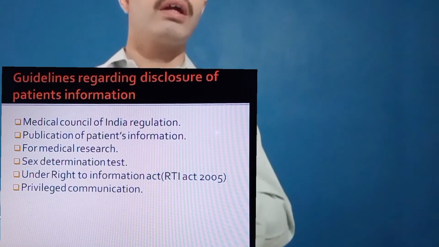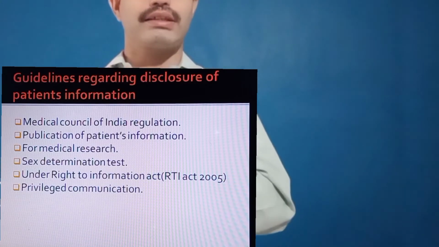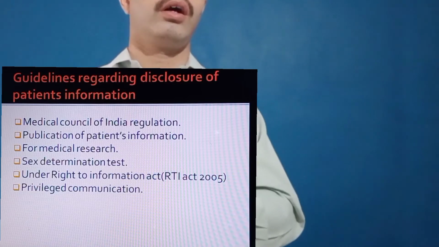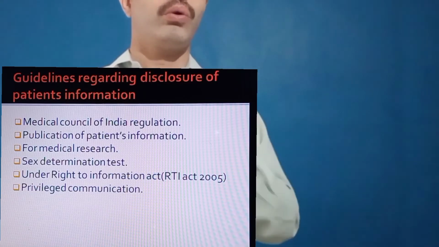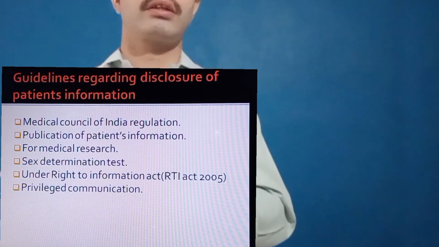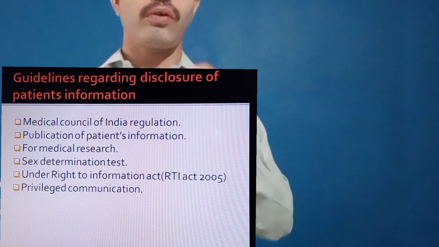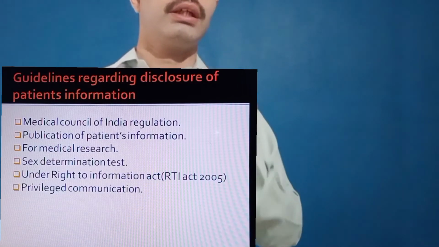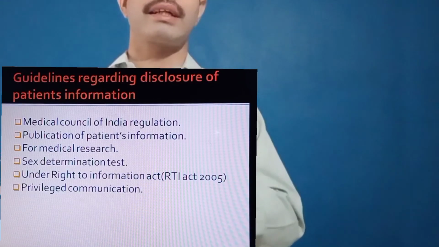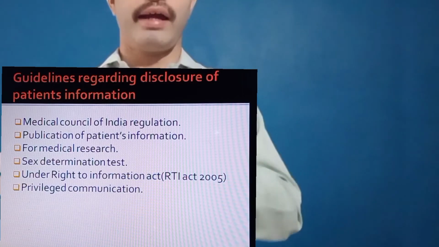So whenever the patient is asking for information under the RTI Act of his own, or when the dependents are asking, I want to say that it is not necessary for them to ask under the RTI Act; a simple application is more beneficial than the RTI Act.